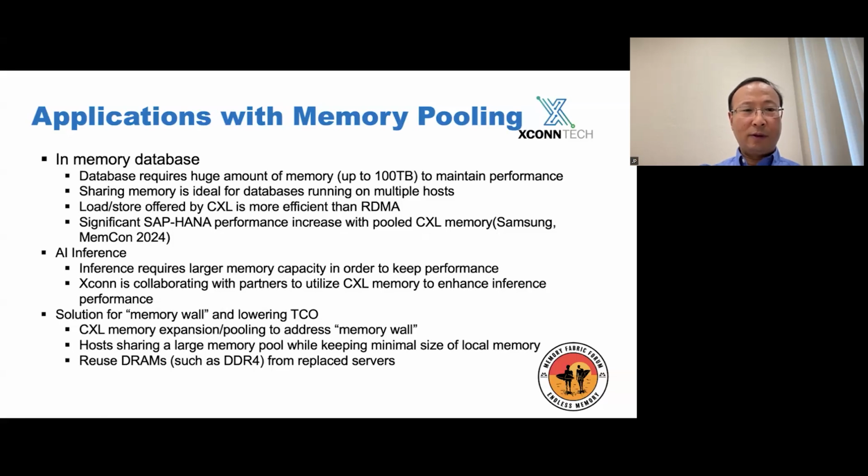It just follows load store programming. CXL was designed from the very beginning to be low latency and high bandwidth. So CXL memory pooling fits really well for this in-memory database application.